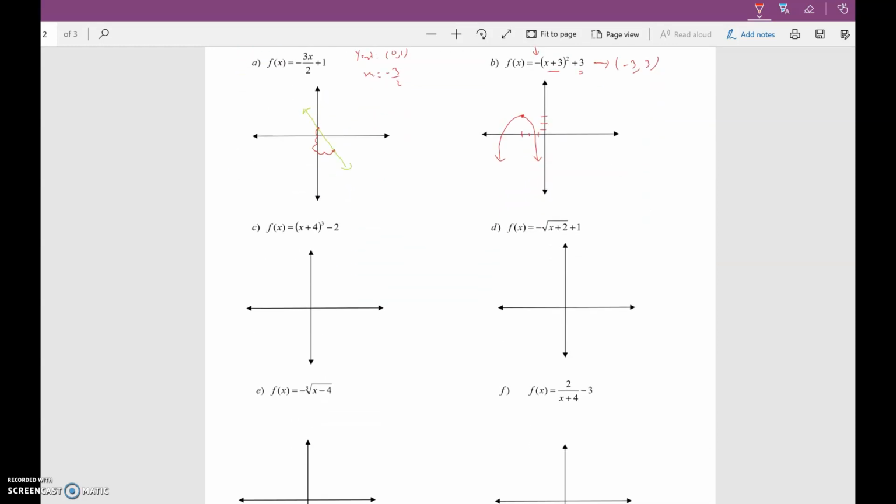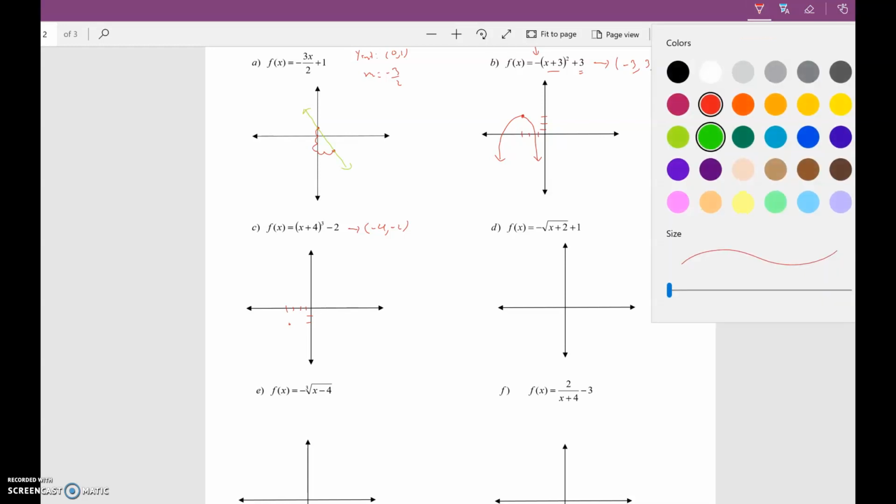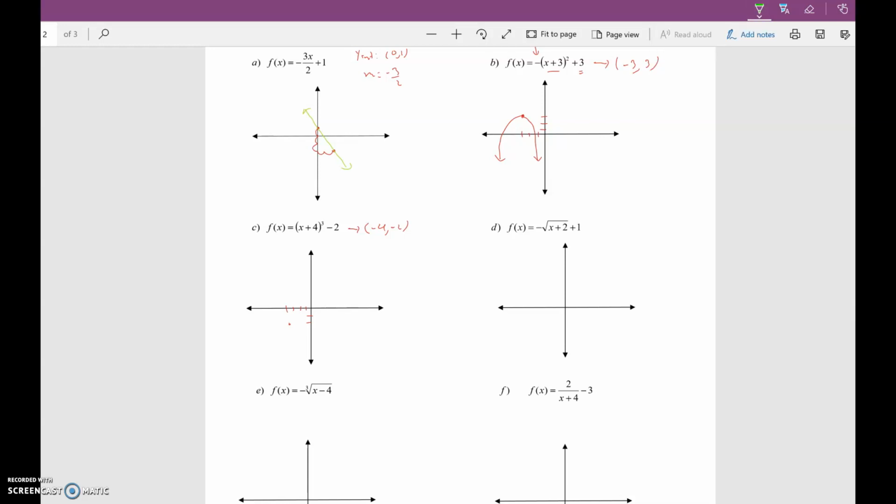Let's take a look at graph C. The reference point is negative 4 comma negative 2. So 1, 2, 3, 4, 1, 2. It's going to be there. This is a cubic function. So from the reference point, it's actually going to go in this direction and then in that direction. That's going to be our cubic.